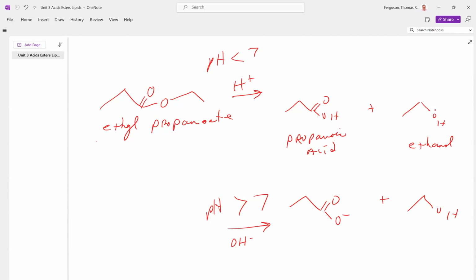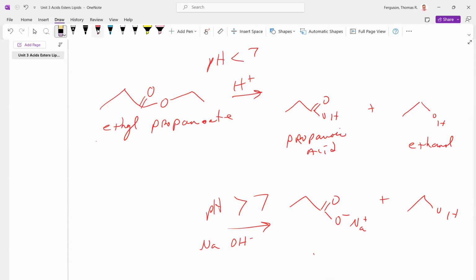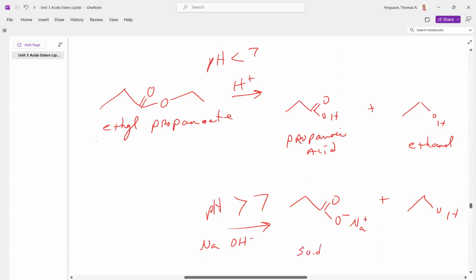So this would be, say we're using sodium hydroxide. This would be sodium propanoate.